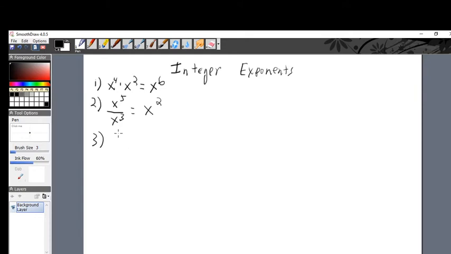Third rule, if you have x to the 4th, I'm choosing the same numbers as number 1, x to the 4th, all of that taken to the 2nd power, so you don't have an x and an x, you just have one x, power to a power. Then you multiply and you get x to the 8. Notice the difference between problem number 1 and problem number 3. They both have a 4 and 2 there, but one you add them and one you multiply. Power to a power, you multiply.